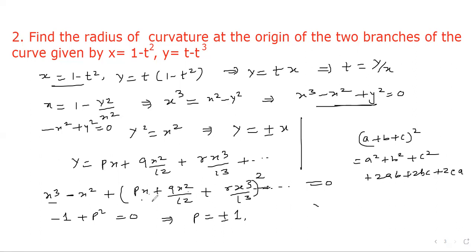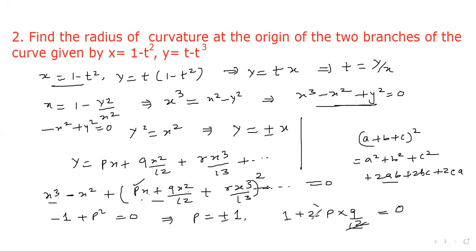The product of these 2 terms, when we write twice of AB, will give us x cube terms. So the coefficient of x cube will be 1 from here, and this will become 2AB, where A will be p and B will be q upon factorial 2. And this will be equated to 0.